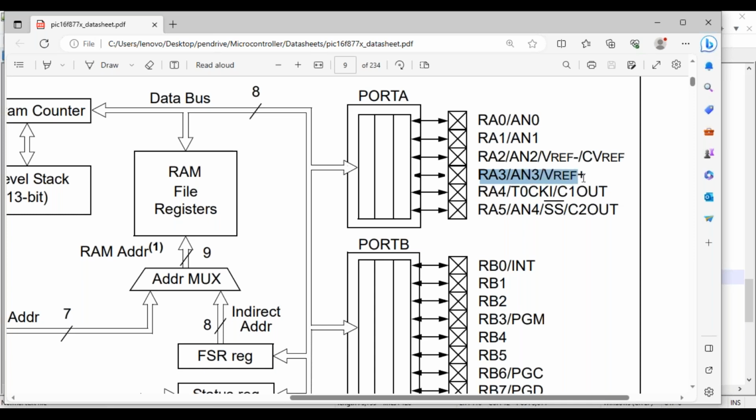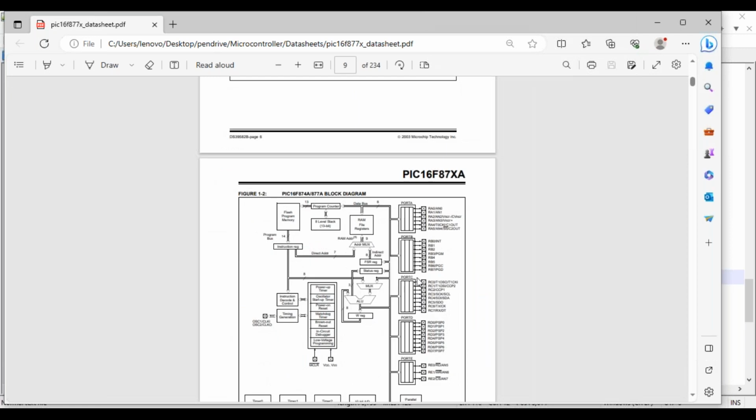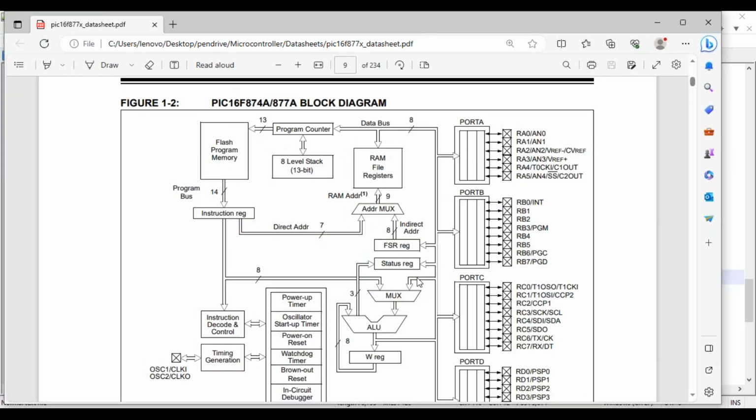So some of the pins will be multitasking, in the sense not all at once. A pin can take care of other things whenever it is free. If RA3 is not being configured, you can use it for VREF plus or for AN3. This way, some of the pins are multitasking as well.